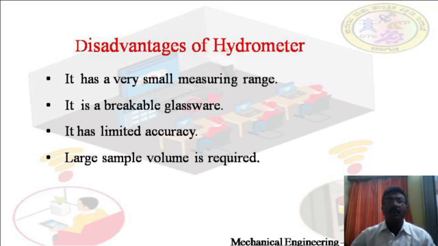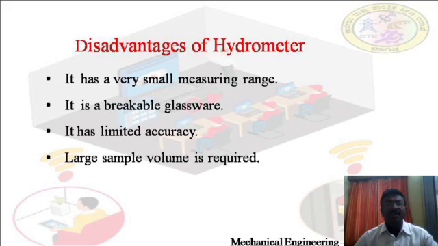Coming to the disadvantages of hydrometer, the first one is it has a very small measuring range. Range is nothing but the minimum value and maximum value which can be measured by an instrument. The next, it is a breakable glassware. That is, the hydrometer is made up of glass, so it has to be handled very carefully.